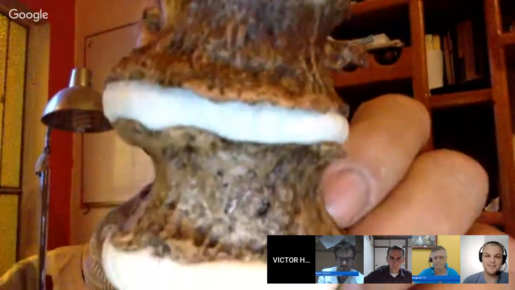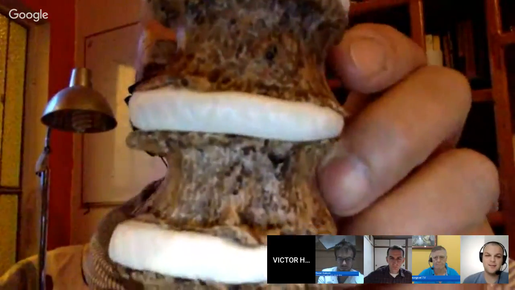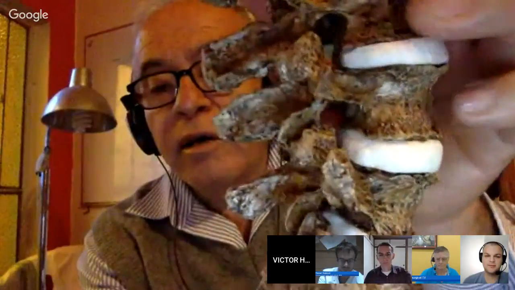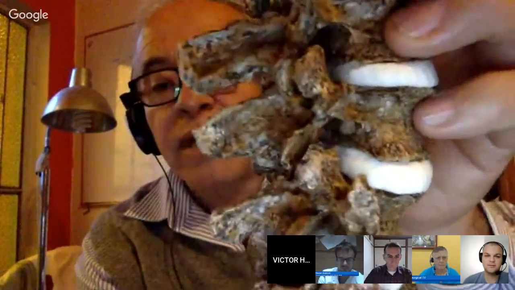So in here, you can see the change of the bone in a degenerative spine. So very nice. We have facet hypertrophy, and I put some disc herniations in this.